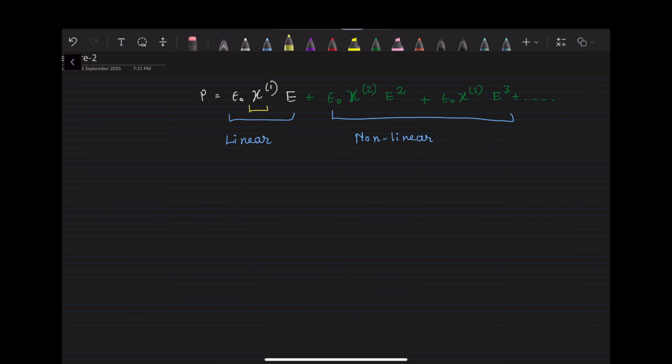And in the last class, I have introduced to you some of the nonlinear effects. One of the effects I have introduced is SHG, that is second harmonic generation. That's a second-order process.